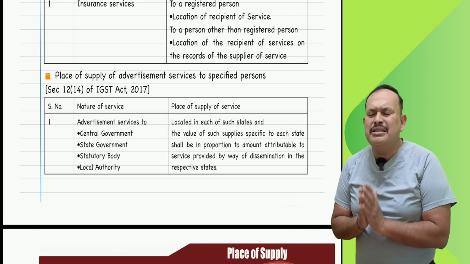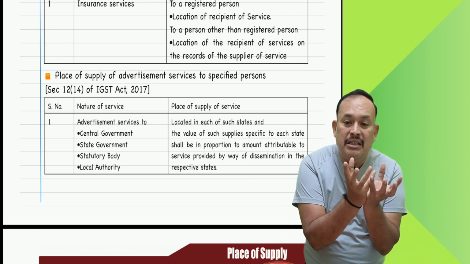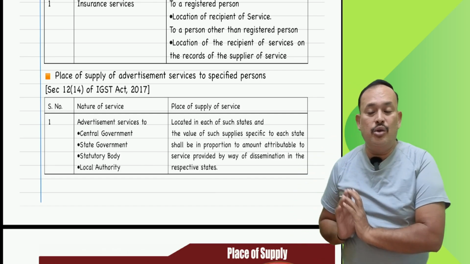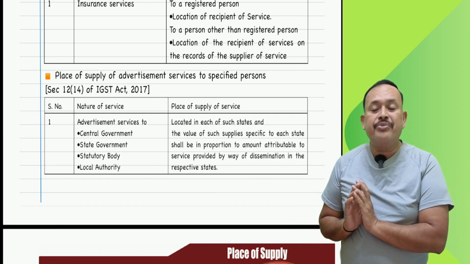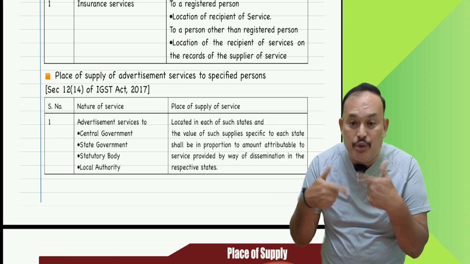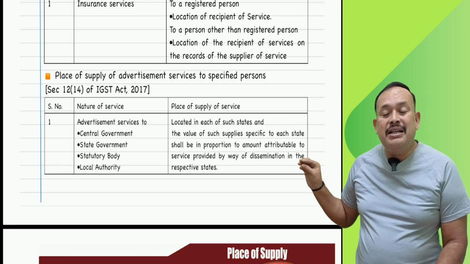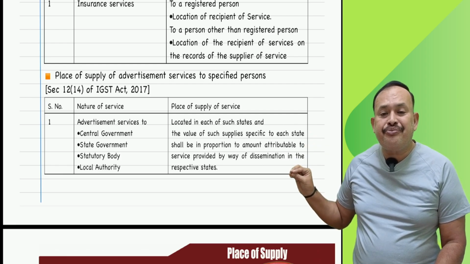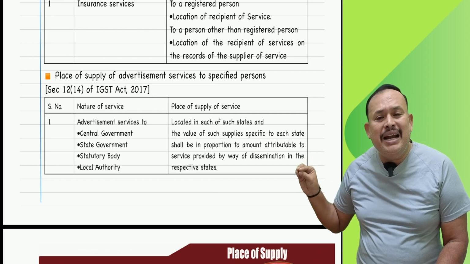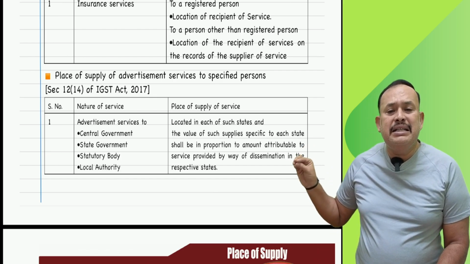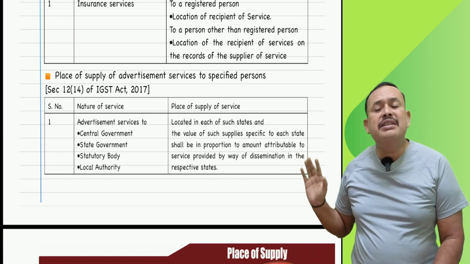That means simply, government, statutory body and local authority. If advertisement service is provided to them, then the place of supply is each state where it is located, each of such states is the place of supply.